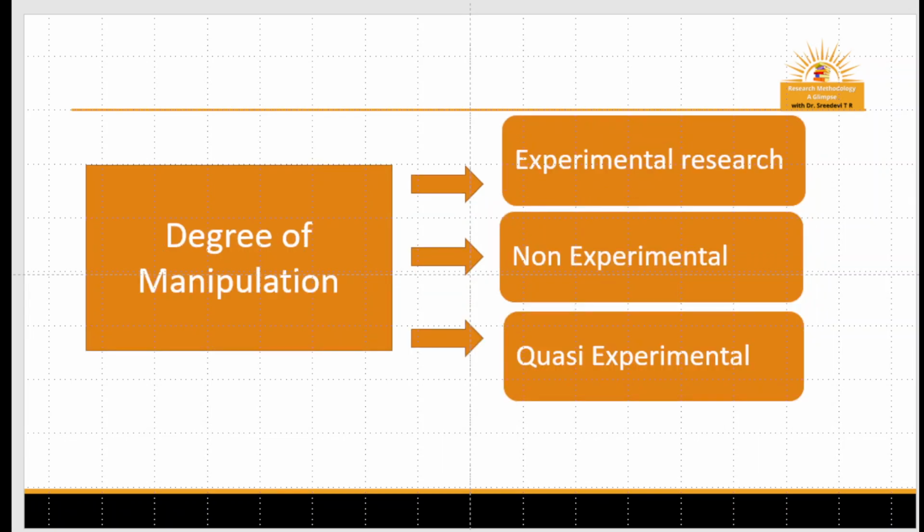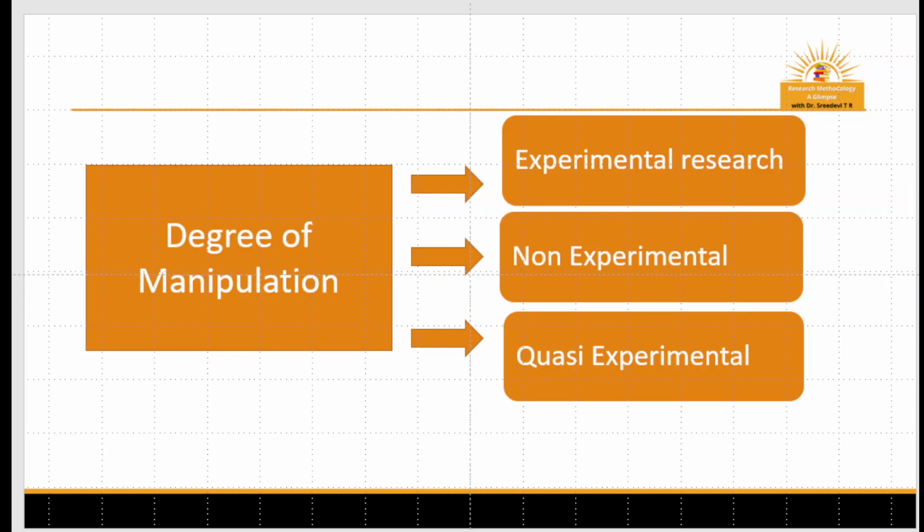Then, according to the degree of manipulation, it can be experimental research, non-experimental research, and quasi-experimental research. Experimental research depends mainly on three factors: manipulation, control, and randomization.